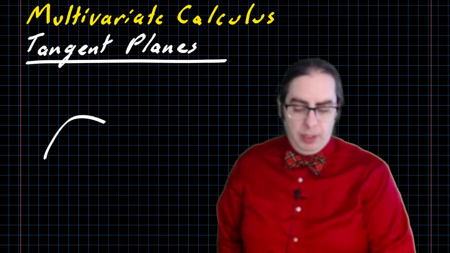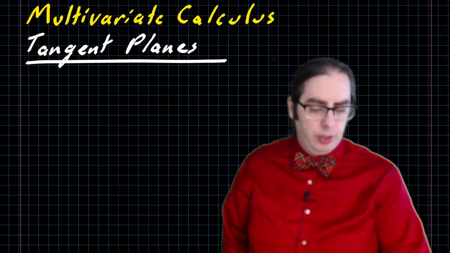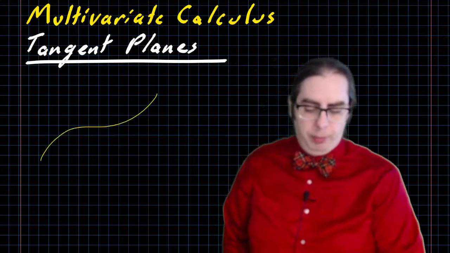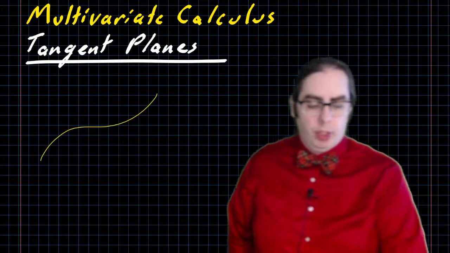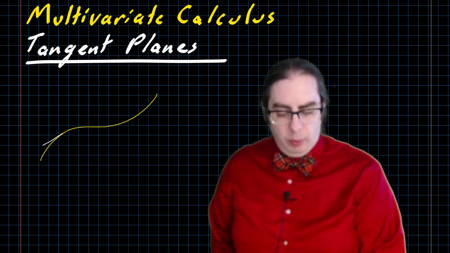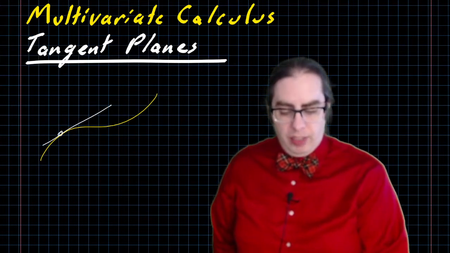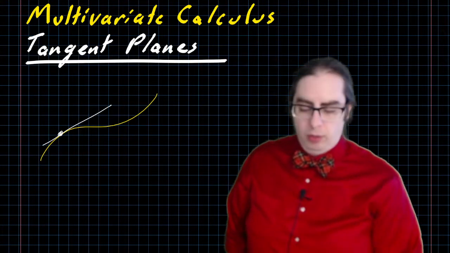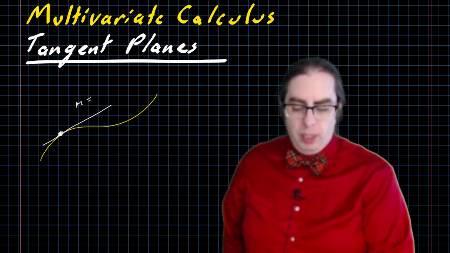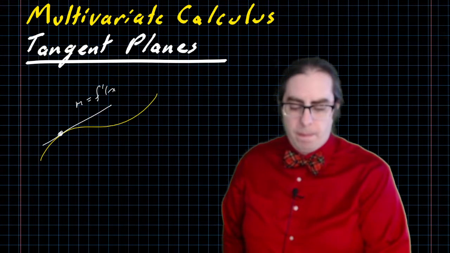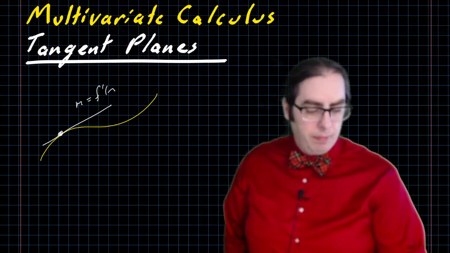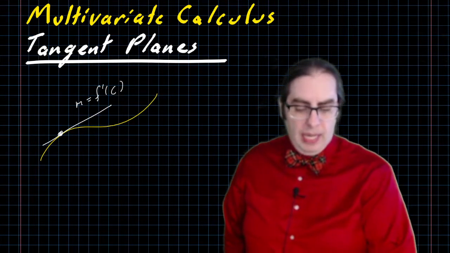But very simply, if we have an arbitrary curve, let's try drawing that using a normal size pen. If we have an arbitrary curve and we want to create a line that is tangent to that curve at a point, the slope of the line is the derivative f prime at the point in question.